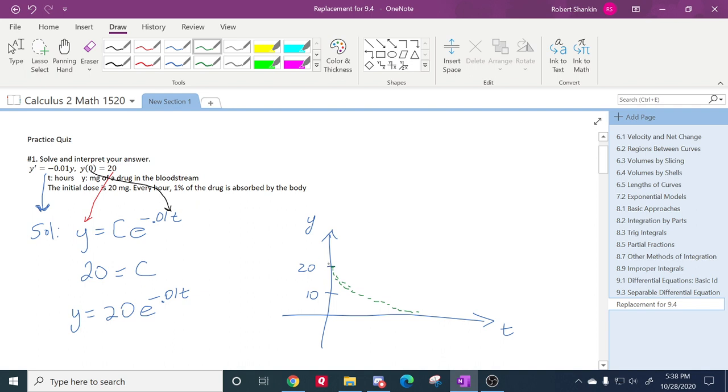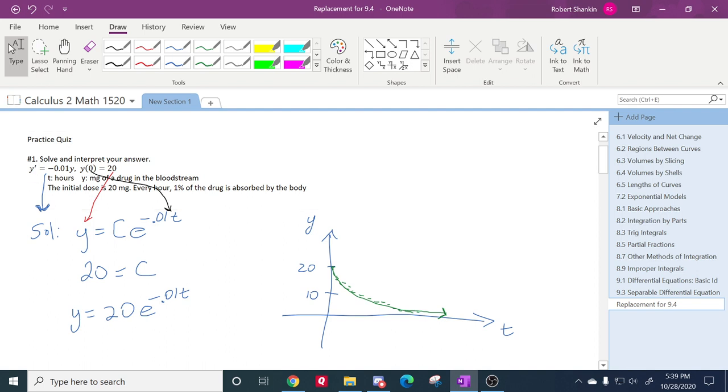So it's losing the most right at the beginning. And the further you go down, 1% of smaller numbers is smaller values. So it's actually like this. And its asymptote will be the t-axis. But just as Rowan was saying, we get it concave up like this. All right, and the picture makes sense.